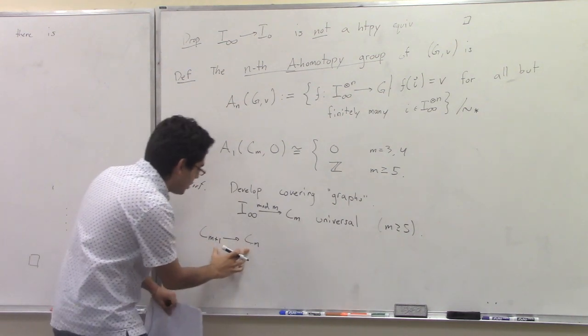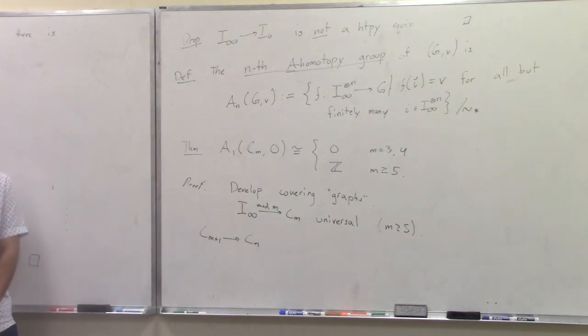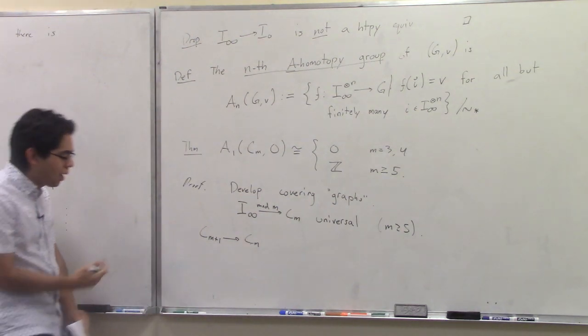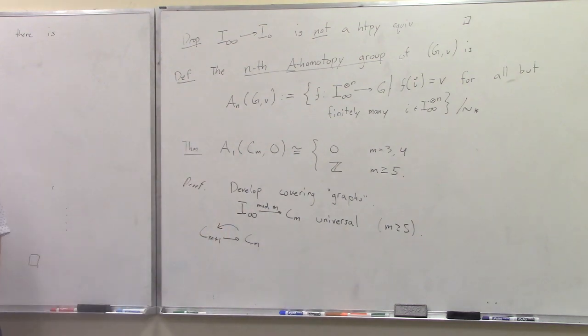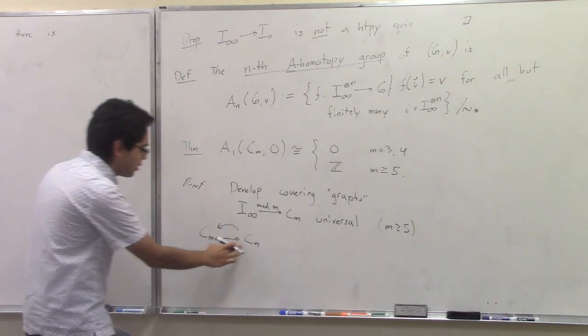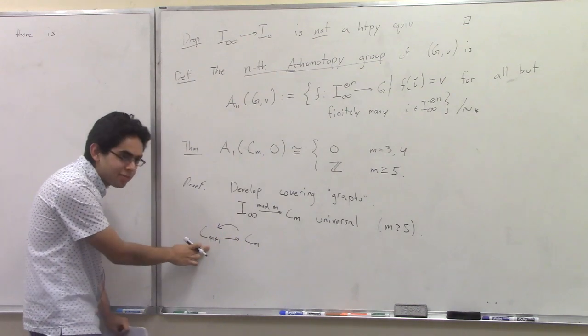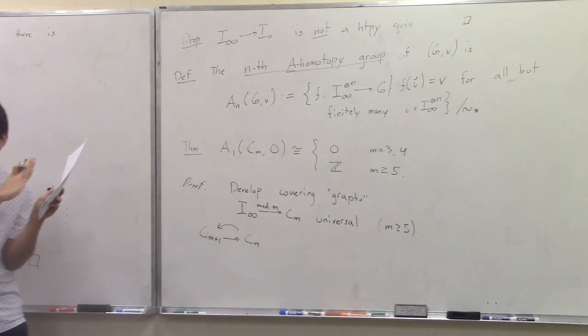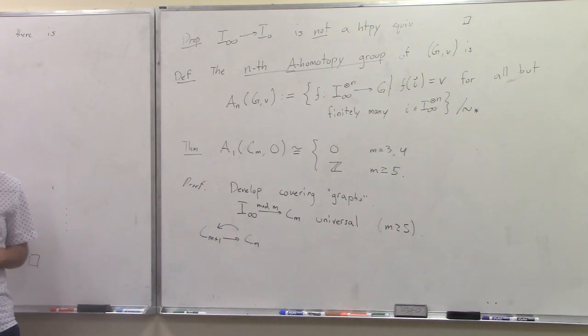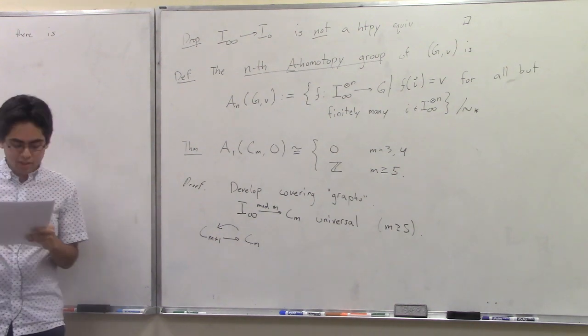And this will induce an isomorphism on all homotopy groups. But the problem is there is no map back which can be an isomorphism on all homotopy groups. And the reason for that is the map back won't be surjective. And so somehow it has to kill the cycle, if that makes any sense. That's roughly in words what's happening.